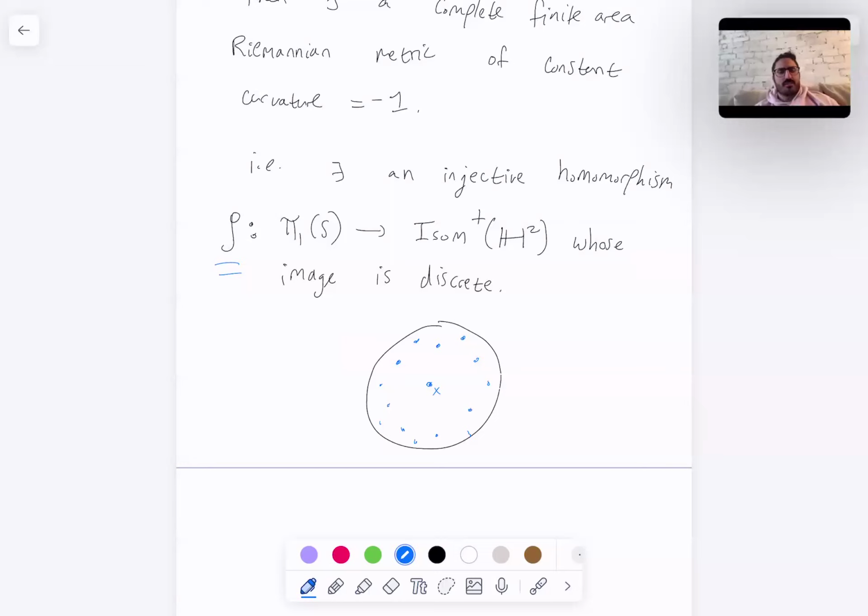And so these are precisely the requirements that you would need to be able to say that if I take H2 and I quotient out by the action of this subgroup of isometries, then what you obtain topologically is the surface that you started with, and this quotient gives rise to the Riemannian metric of constant curvature -1 on the surface. So there's two ways to think about it. Okay.